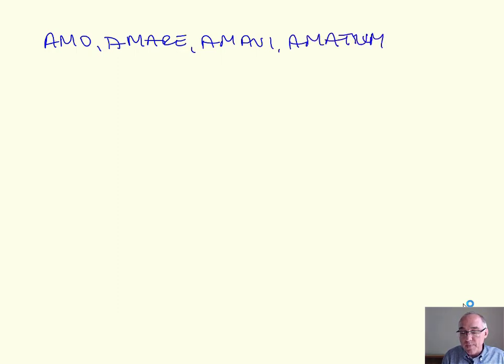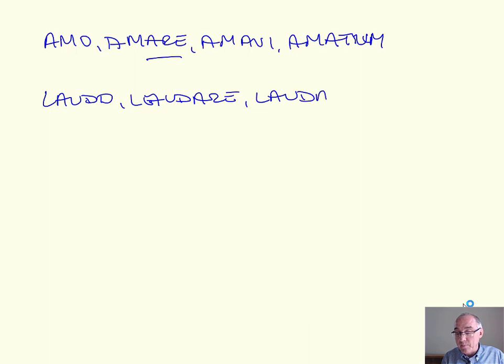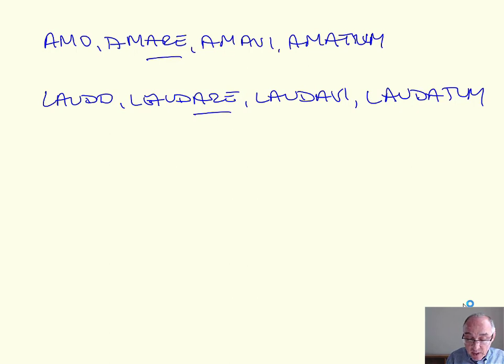This is the first conjugation because the second principal part ends in an ARE. Laudo, laudare, laudavi, laudatum. That is a verb of the first conjugation because the second principal part ends in an ARE.